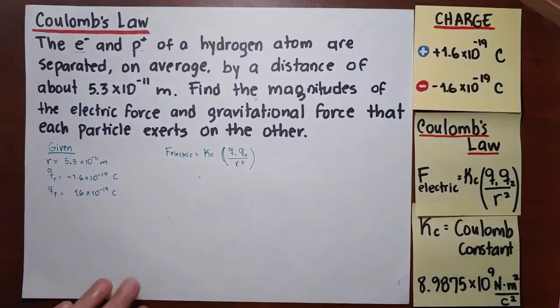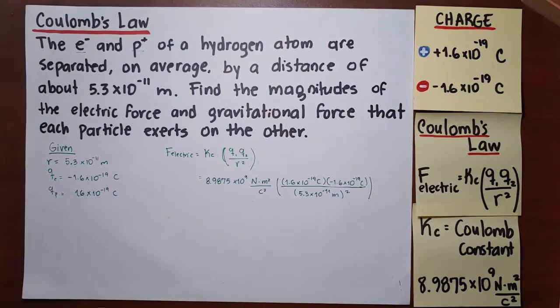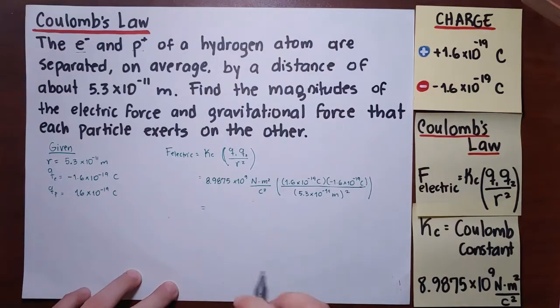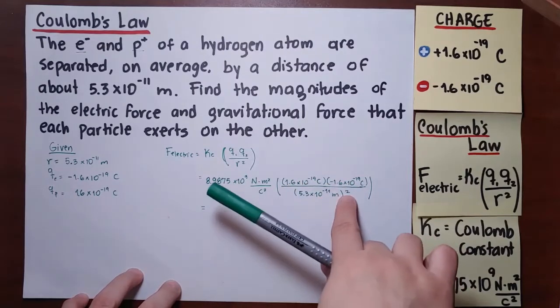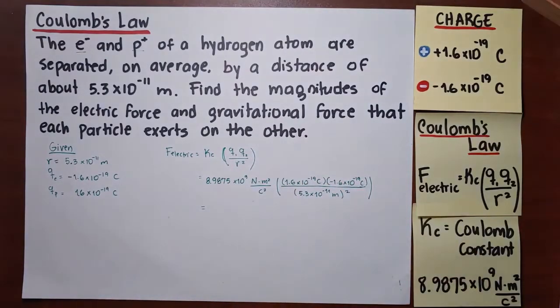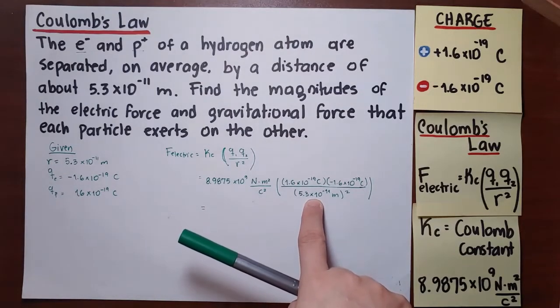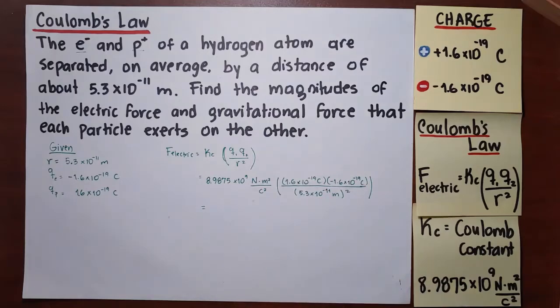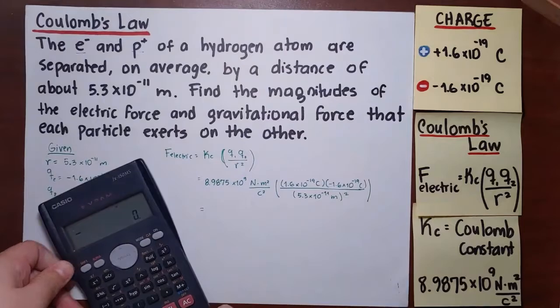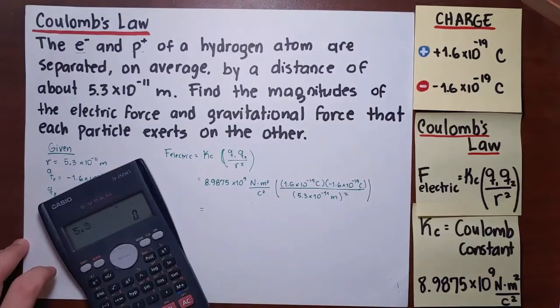We just place in the givens. So here I have the givens: Kc, charge 1, charge 2, distance to the second power. I suggest you solve this first, and then multiply everything and divide by the answer. So that's what I'm going to do. 5.3 exponential negative 11 squared equals.